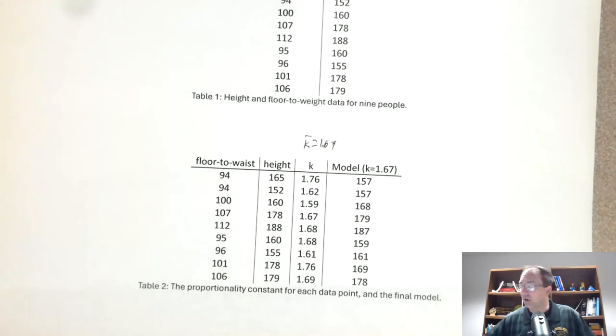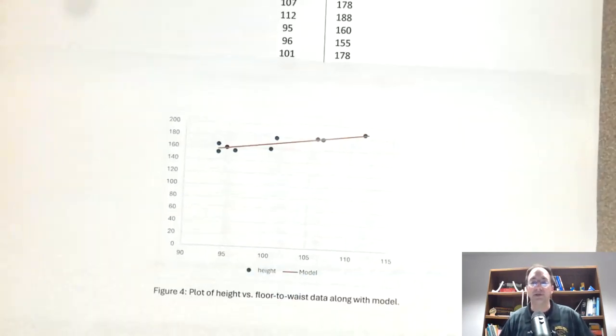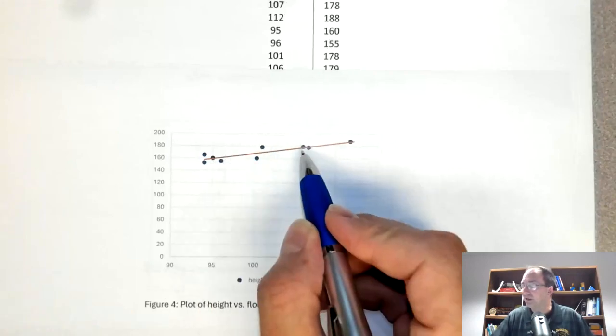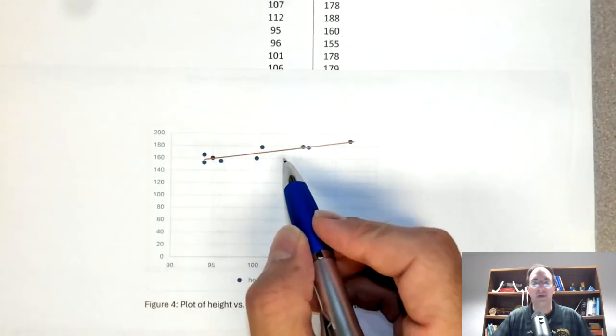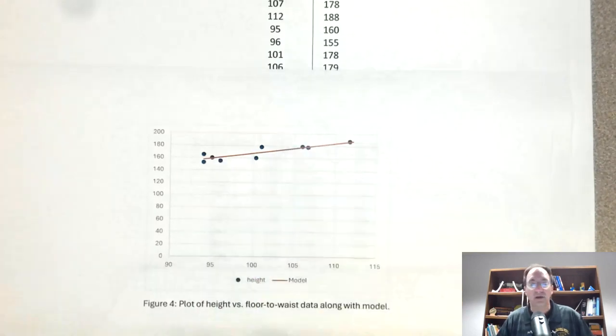Another way to look at our model is to graph the data points. And so here's a graph of all the data points, and we can see the non-linearity of the data, that it's not perfect, but the line does fit the data relatively well. Now don't be fooled.